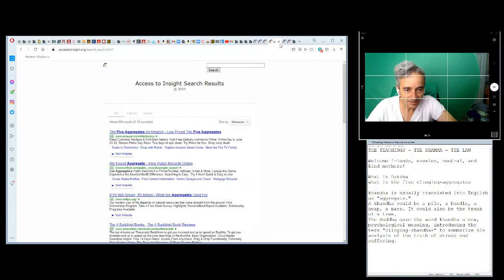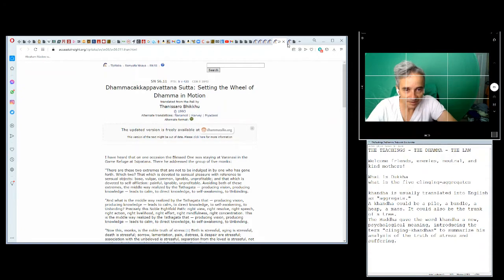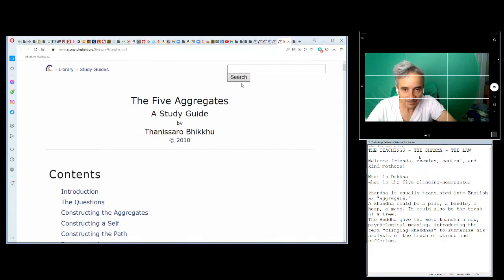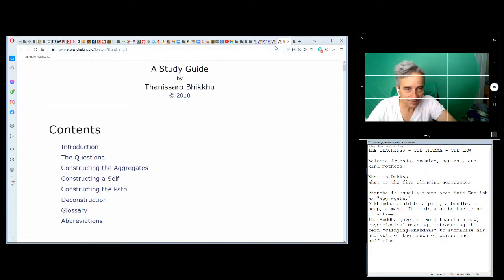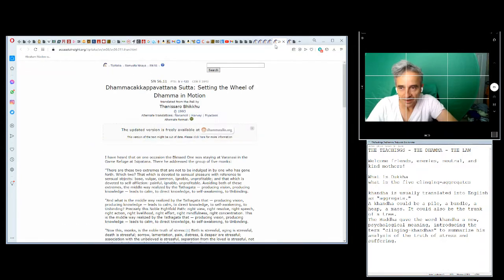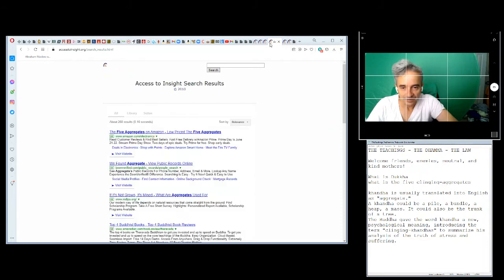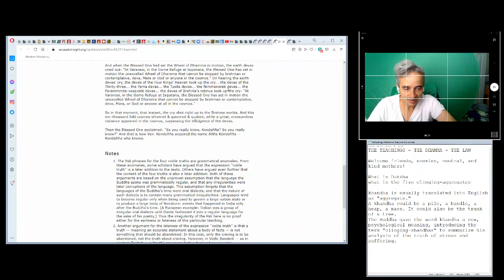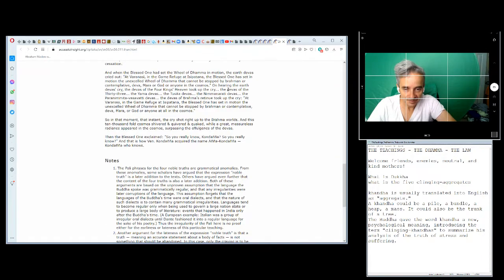How come this is that short? Then I am mistaken. I thought this one would have... oh look, an updated issue. Dhamma talks. This version might be a little out of date. Okay. Dhammacakkappavattana Sutta, setting the wheel of Dhamma in motion.